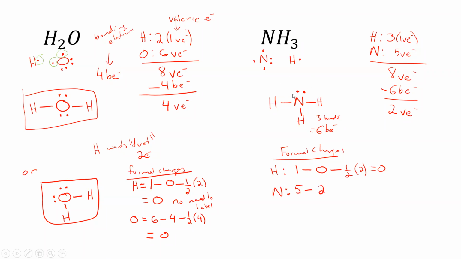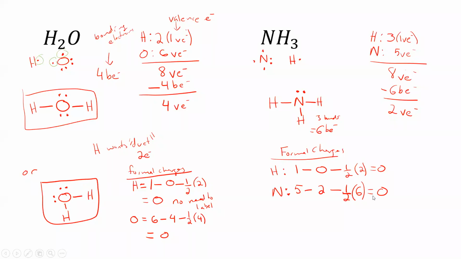There's 1 lone pair, meaning there are 2 lone pair electrons. So we subtract off 2 and subtract off 1/2 of the 6 shared electrons, 2, 4, 6. So 5 minus 2 minus 1/2 of 6 is also 0.